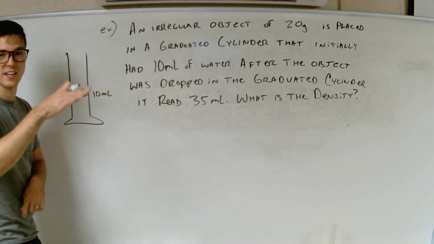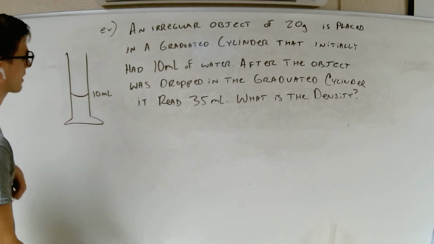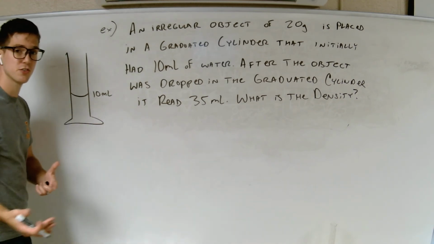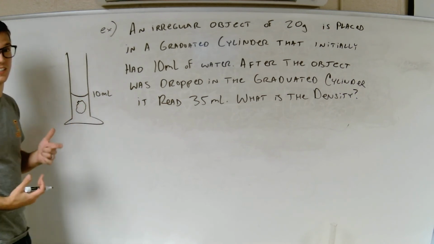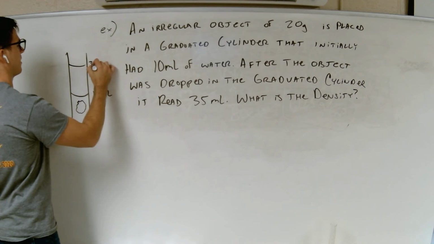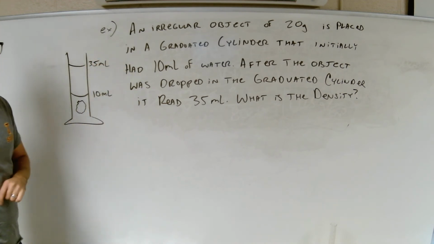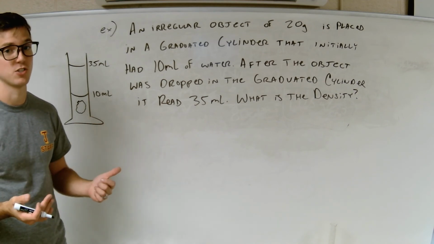The water always has a little meniscus. We always read the volume at the bottom of the meniscus, okay? So it initially read 10 milliliters. We went ahead and we dropped that object in there, okay? And then after we dropped it in, the new volume read 35 milliliters, okay? So this is pretty much us just calculating a change in volume.